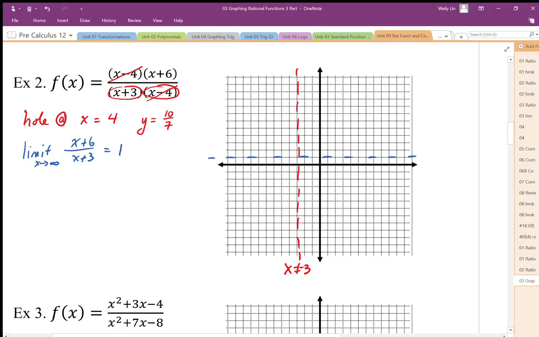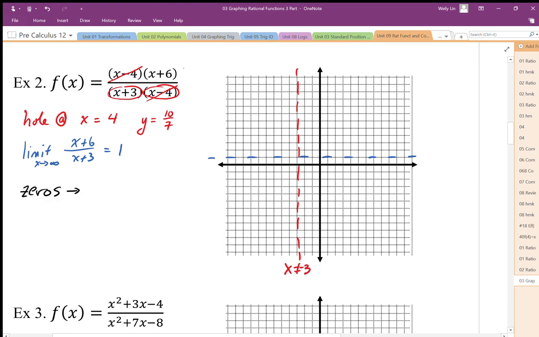At this point, I'm looking for points to help me sketch this graph, because I know it's either got to look like this or like this. There's a lot of detail we could interpret in this graph, but we're only going to get a few points. The points that we're going to focus on right now are going to be our zeros. Zeros come from the numerator.